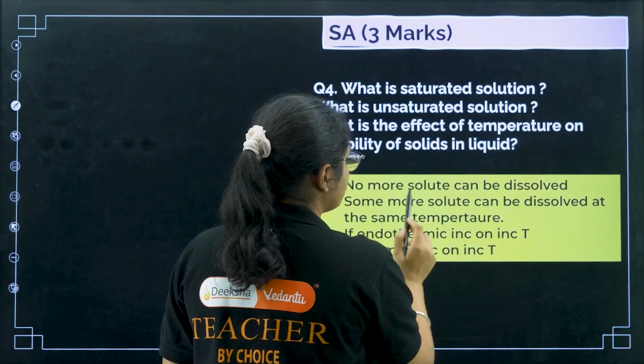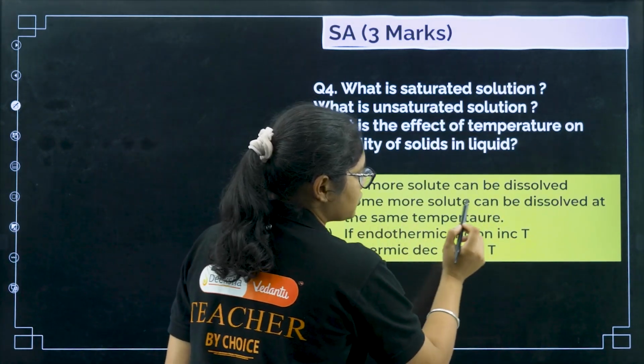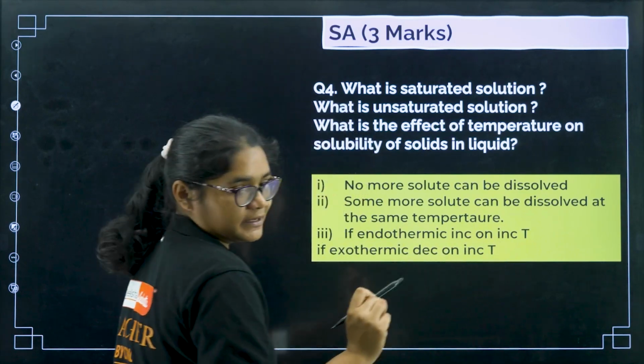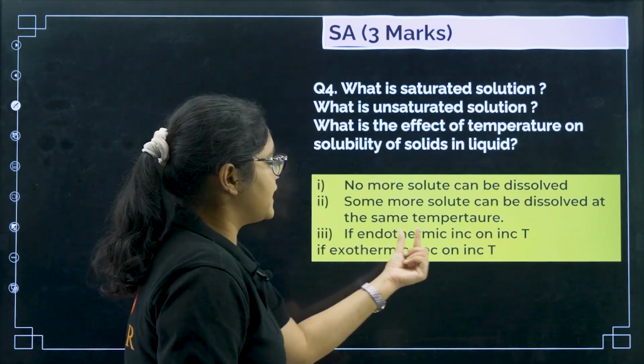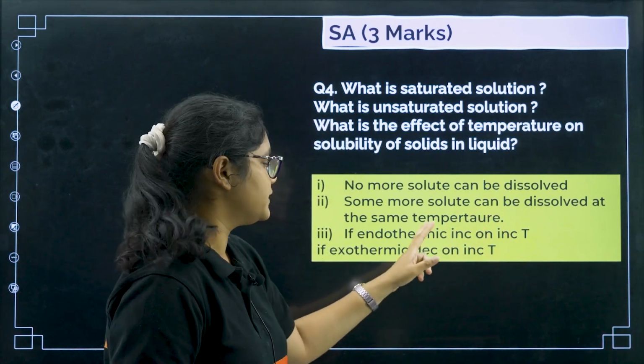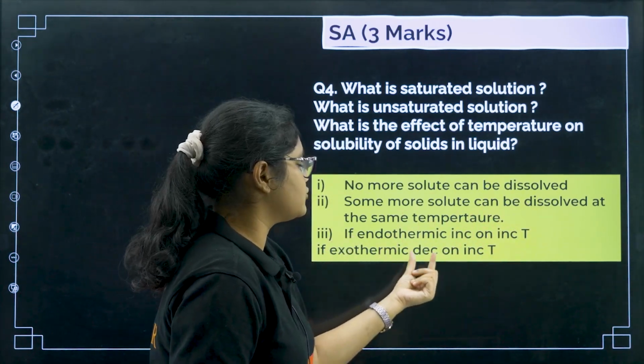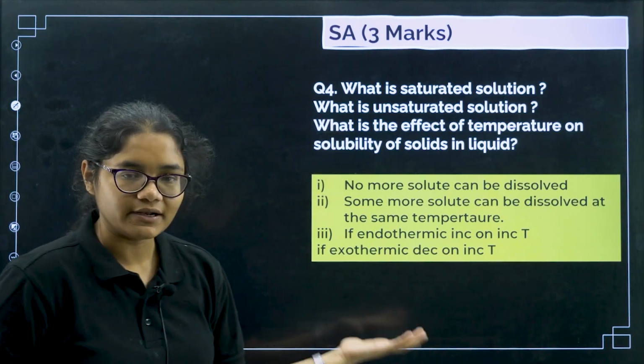If it is endothermic, the solubility will increase on increasing the temperature, and if it is exothermic, the solubility will decrease on increasing the temperature.